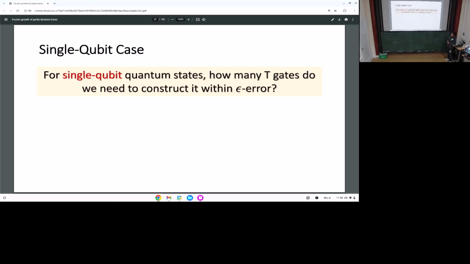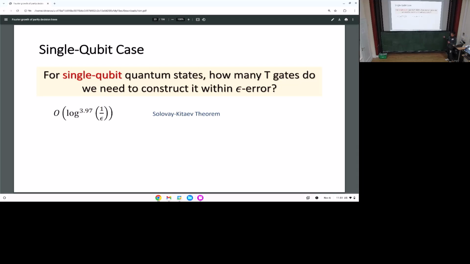So for the single qubit case, you are given a description of the single qubit, and how many T gates do you need to construct it within epsilon error? First, there is a very general result by Solovay-Kitaev, which shows you can do some polylog 1 over epsilon, roughly log to the power 3.97.